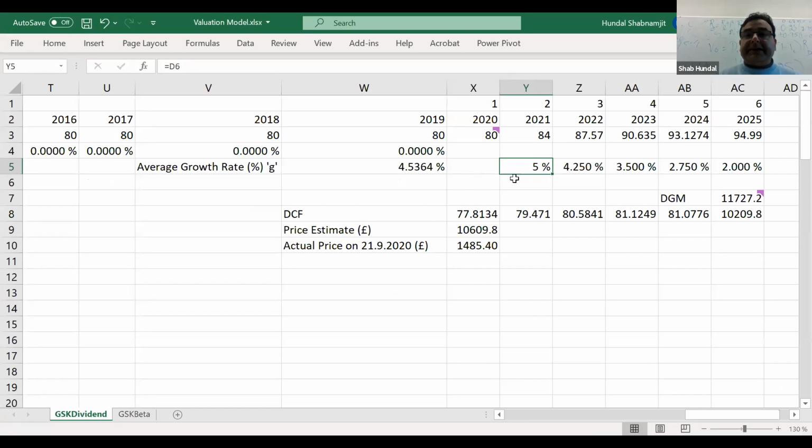Okay, so basically I estimate that this will be 5%, but the 5% you have now is not the same as 5% next year, and so on and so forth. So I make some kind of regression that maybe after 2 years it will be 4.25, then 3.5, and eventually this 5% would be equal to 2% of now.